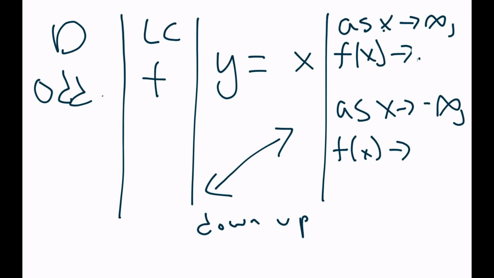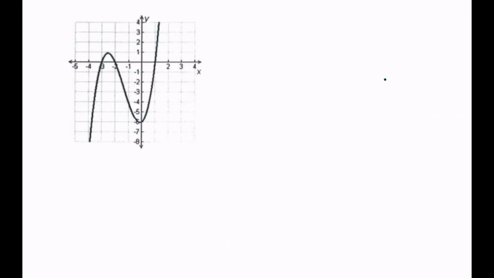We can also find the equation of a graph of a polynomial through factored form and x-intercepts. See here, we know that it's down, up, which means it must be an odd degree and a positive leading coefficient. We know the y-intercept is (0, -6), and the x-intercepts are (-3, 0), (-2, 0), and (1, 0).